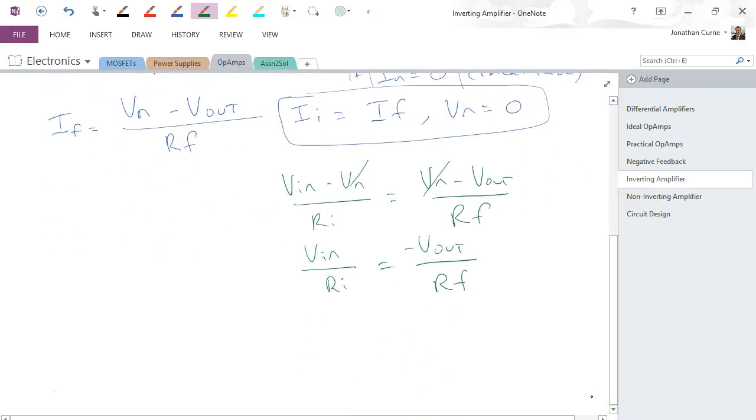If we then rearrange this expression to get our equation for gain, AVCL, the closed loop voltage gain, is equal to Vout over Vin. It's the standard equation for gain, which in this case will be equal to minus RF over RI, just by rearranging this equation above.